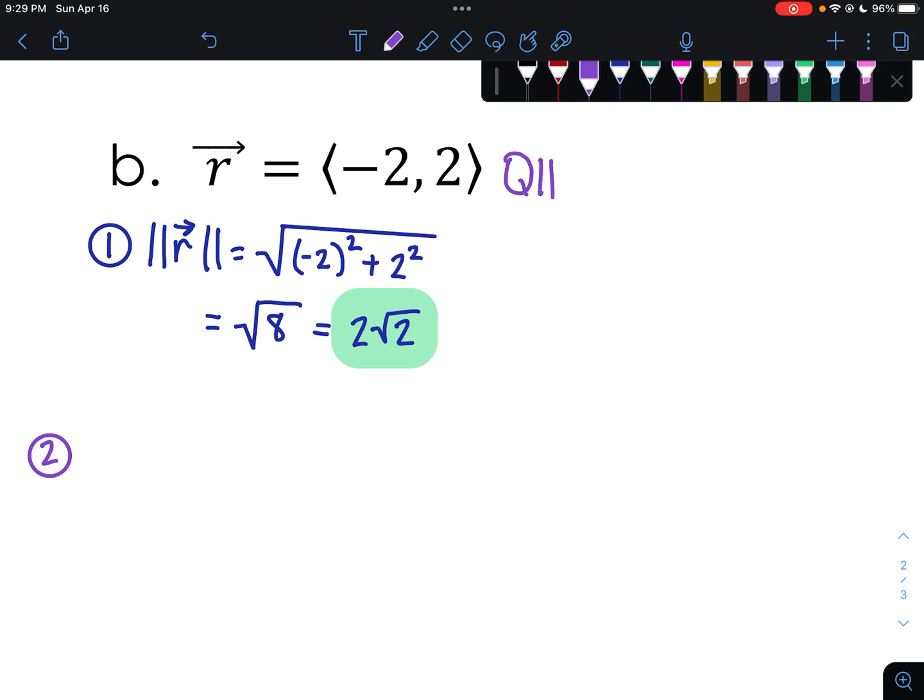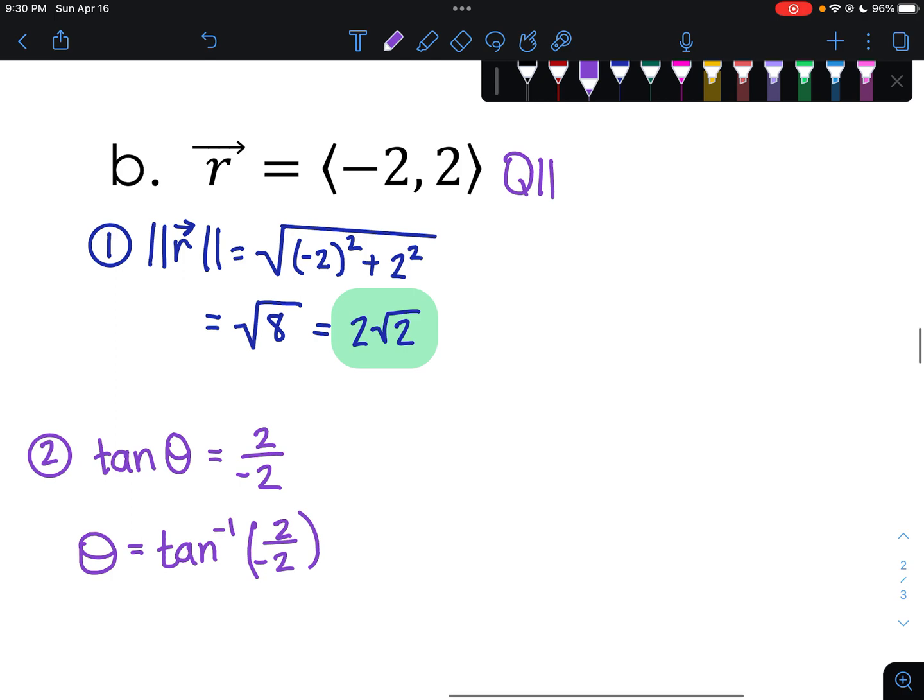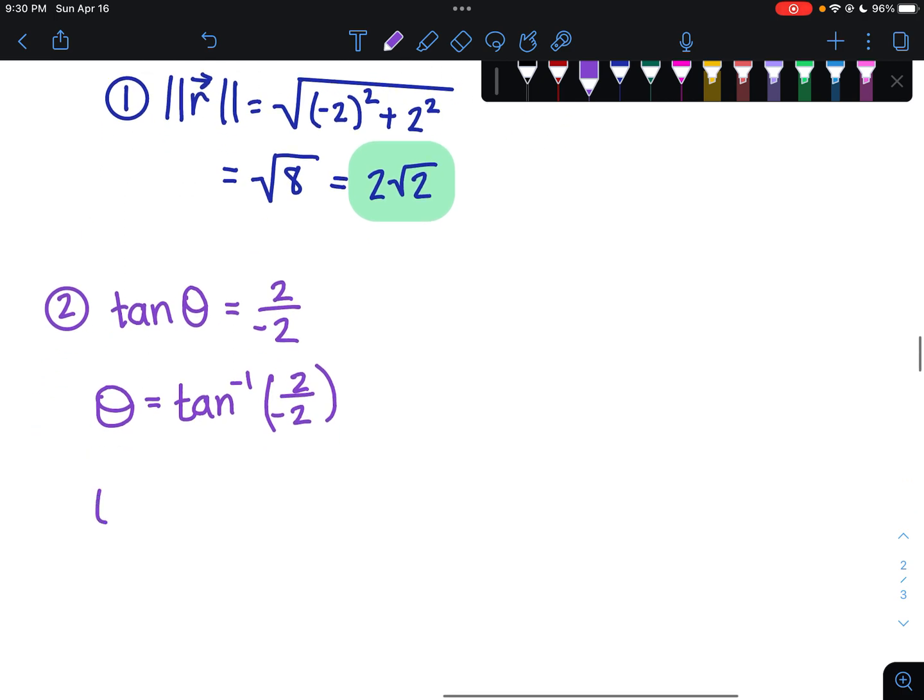So we have tan theta is equal to positive 2 over negative 2. So in our calculator, we're going to type in tan inverse of 2 over -2, just to keep it consistent.